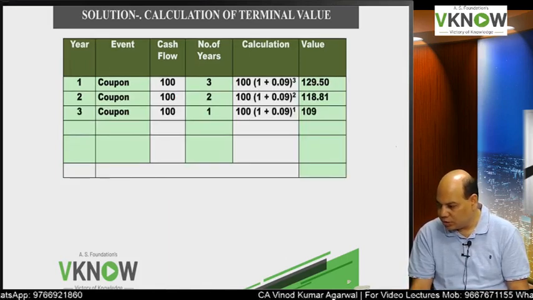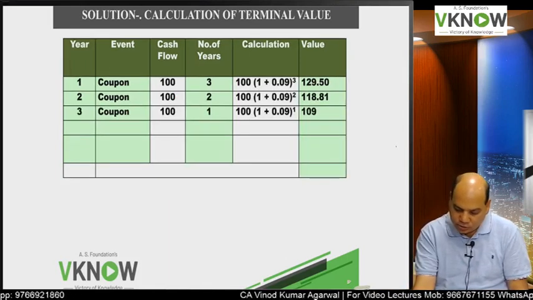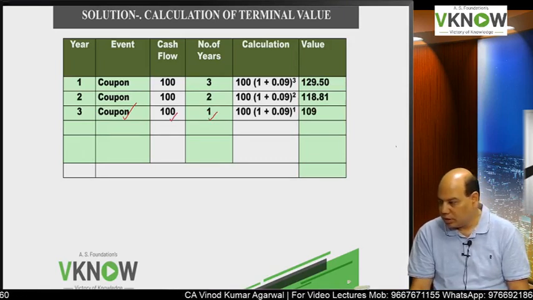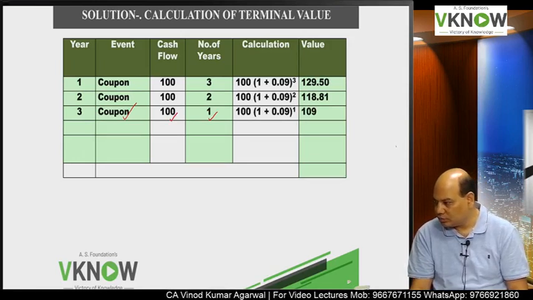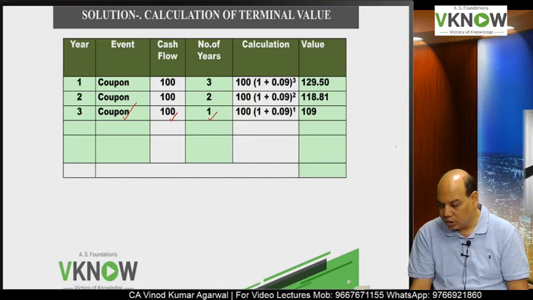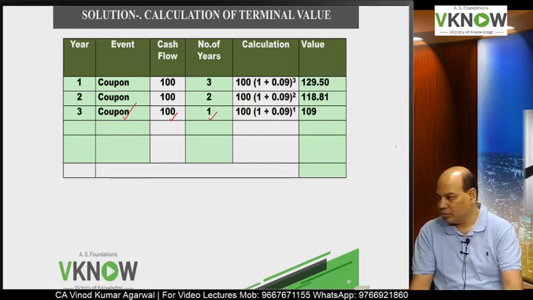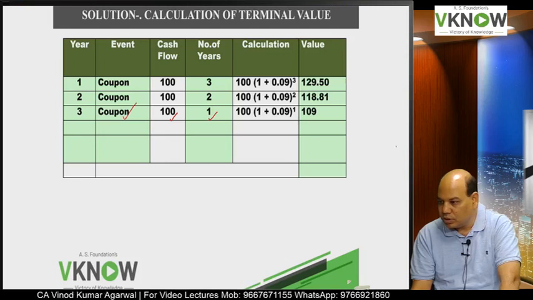Then we'll come to year 3. Year 3 also same, coupon 100 rupees. Number of years, interest calculation 1 year. 100 into 1.09 to the power 1. What is the answer? The answer is 109.